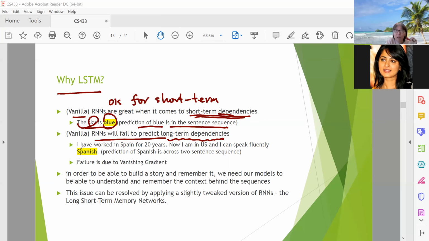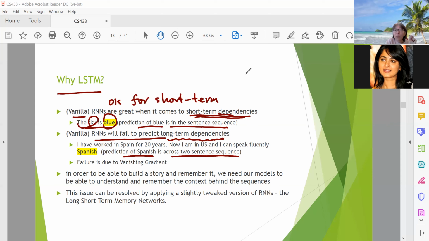For the long term, let's see this sentence: I have worked in Spain for 20 years. Now I'm in the US and I can speak fluent Spanish. The prediction of Spanish is across two sentences. It's not in a single sentence, it's across multiple sentences.